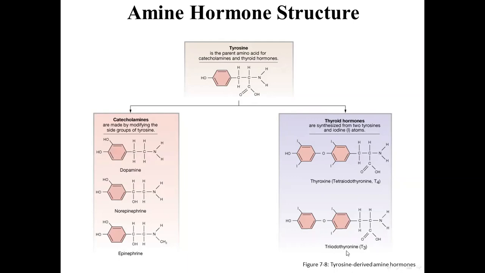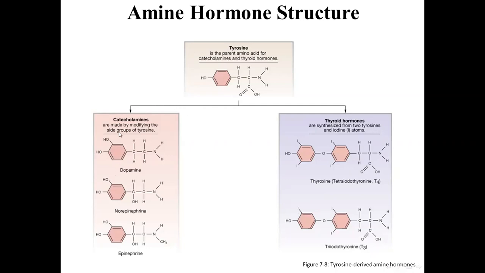Tetraiodothyronine T4 is bound to 4 atoms of iodine. Here we have 3 iodine atoms. So these are tyrosine-derived amine hormones.